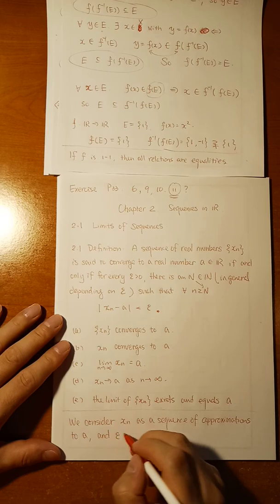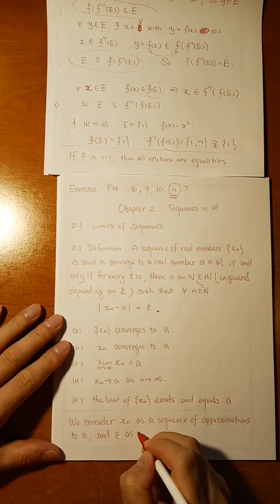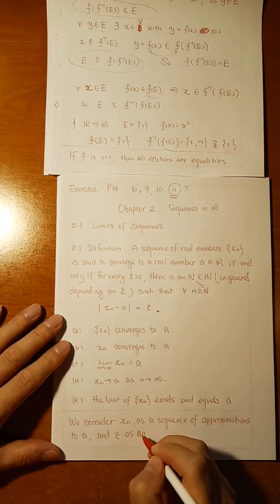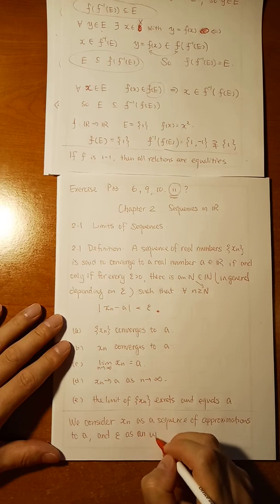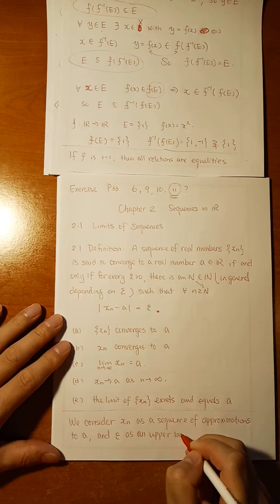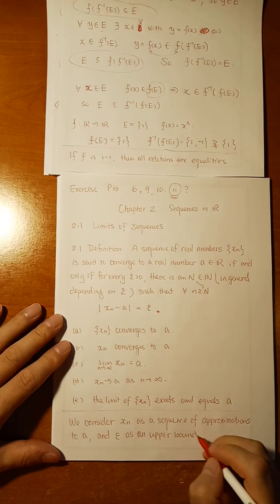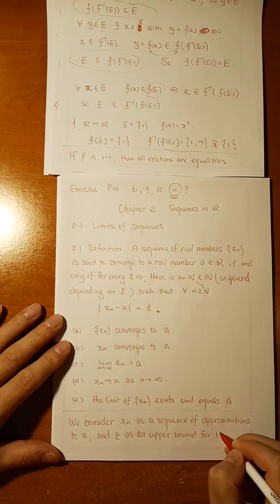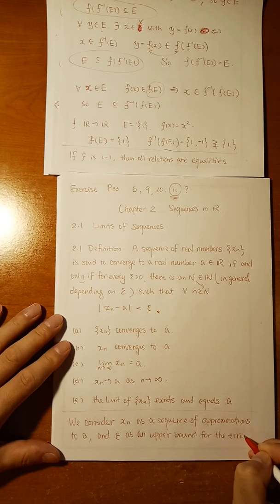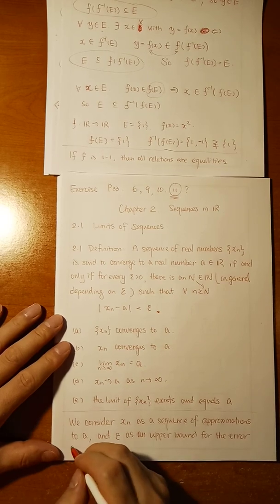Epsilon serves as an upper bound for the error of this approximation.